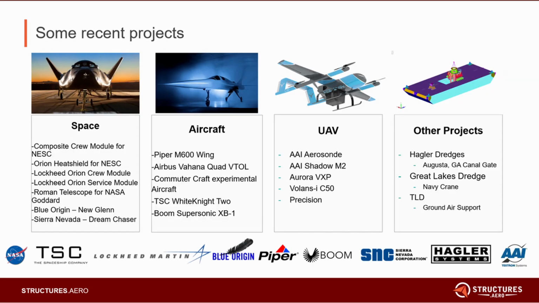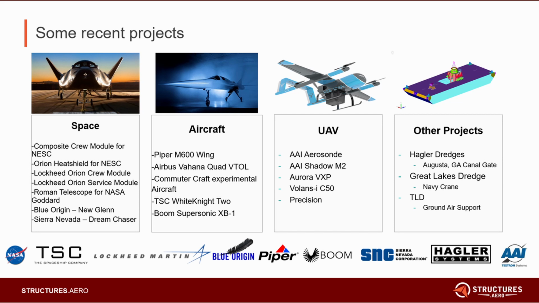So some recent projects. This is probably a familiar slide if you've tuned in before, but we have experience in space, in the aircraft world, and also with many UAVs, and then also with miscellaneous projects when things crop up from time to time.